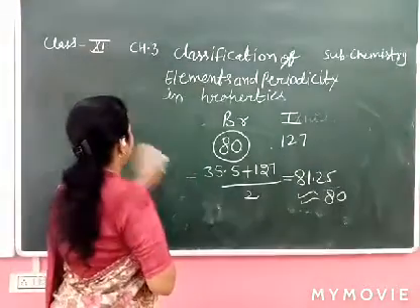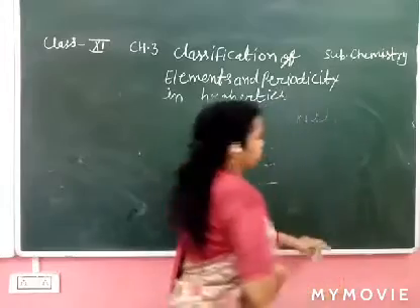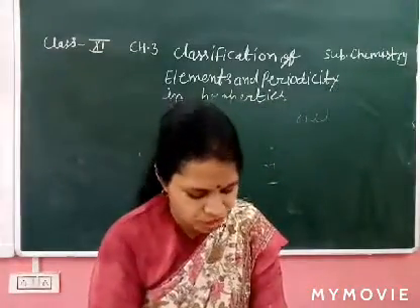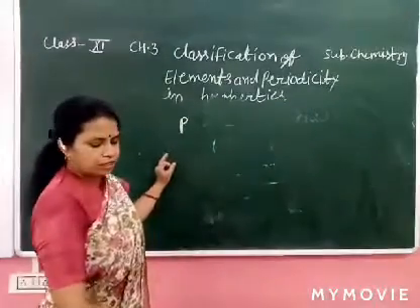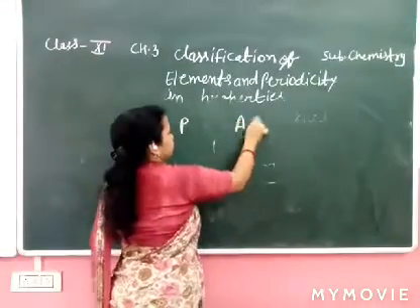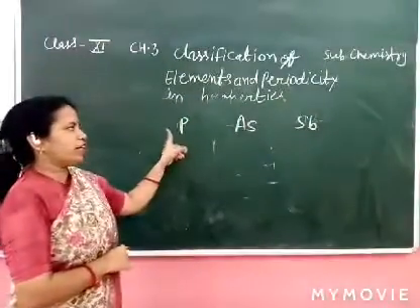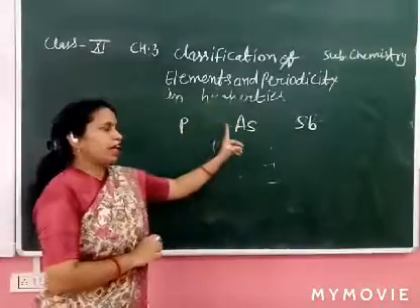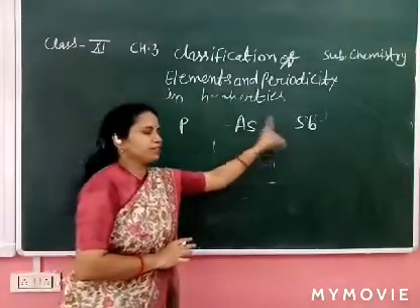Now calculate the other example. This is your homework. Now phosphorus, arsenic, antimony. What are the names of these elements? Phosphorus P, arsenic symbol is As, antimony Sb.